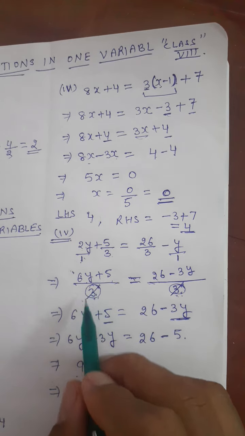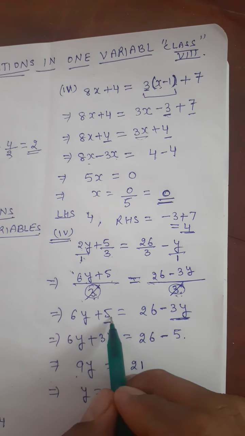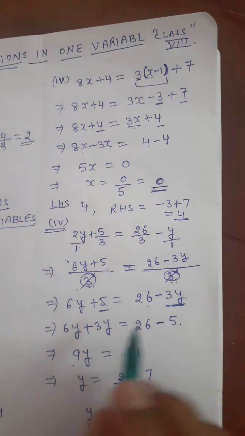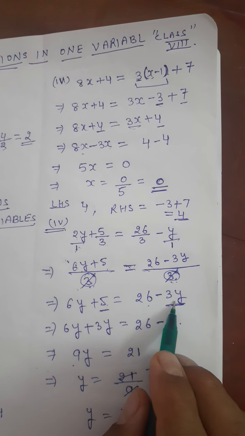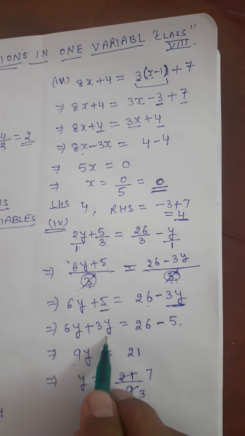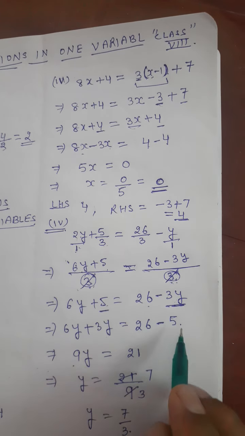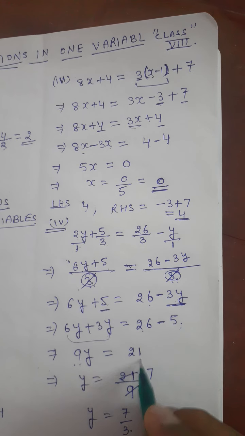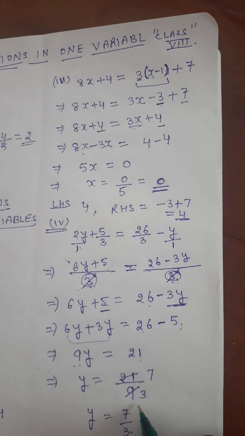So we are left with 6y plus 5 equals 26 minus 3y. Now we need to rearrange all the variables. So 6y plus 3y and 26 minus 5. The sum is 9y, the difference is 21. y is 21 by 9, which is 7 by 3. So y equals 7 by 3.